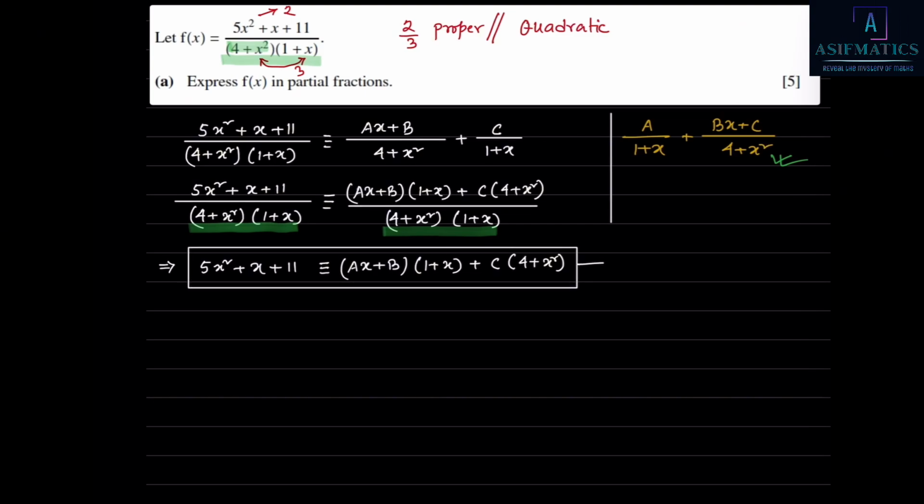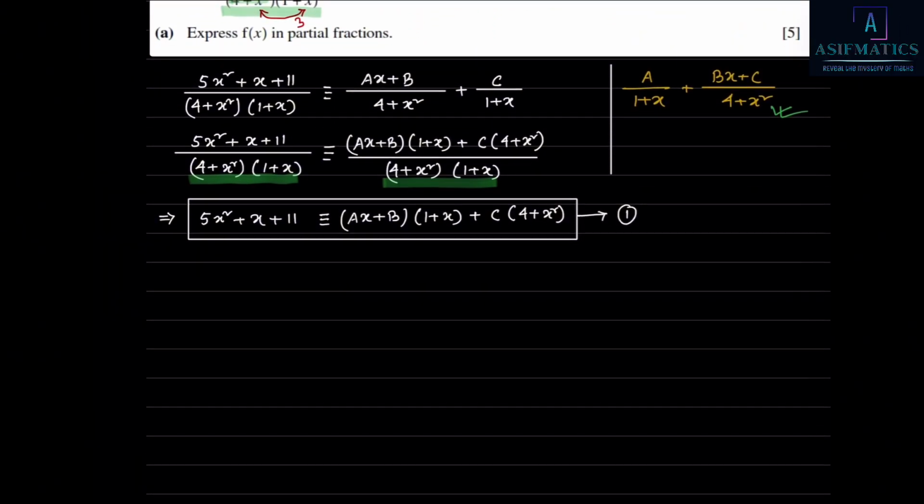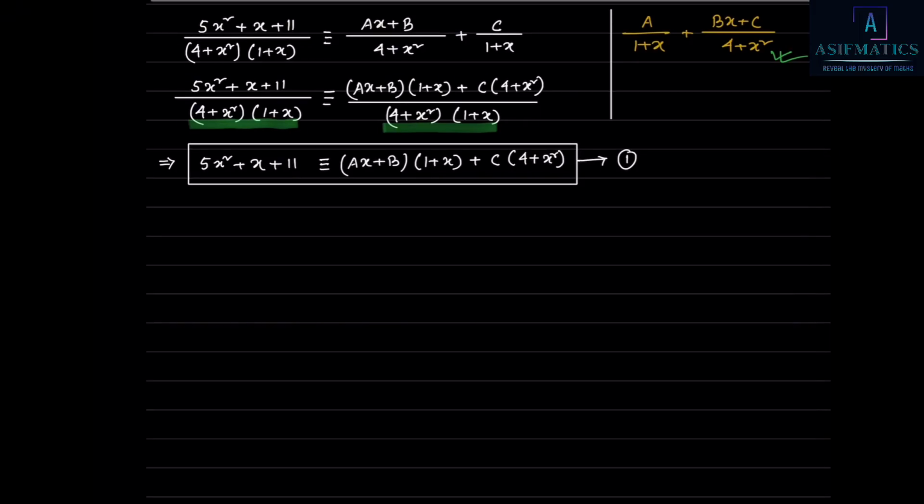As this is the main equation, our main target now is to find out a, b, c, the coefficient values. To find them, we need to set each factor to 0. In this case we have two factors, 1 plus x and 4 plus x squared. We can take 1 plus x equals to 0 so that we can directly get the value of c. So 1 plus x equals 0, or x equals minus 1. Put x equals minus 1 into this main equation.